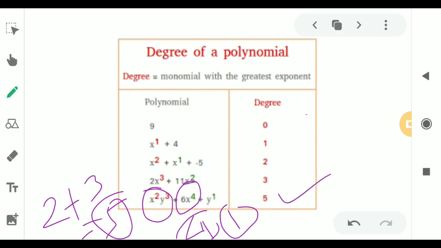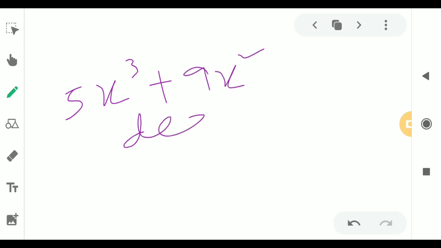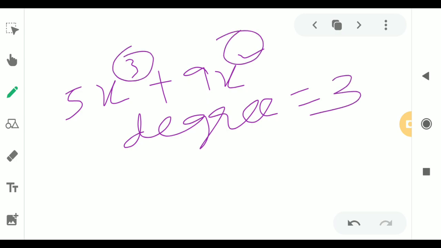Okay. So we have to think, suppose if we ask 5x cube plus 9x square, what will be the degree? It is very easy because here power is 3, here power is 2. Highest is 3. So degree is 3.